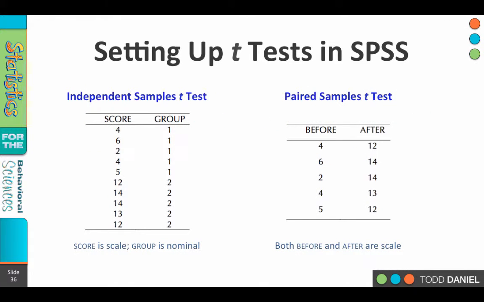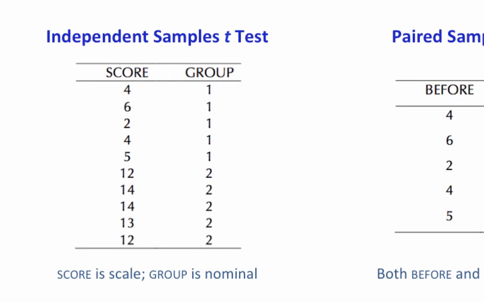If you're using an independent samples t-test, you should put all of the scores in a single column. Then you will create a second variable, typically called group or something like that, which will have 1s and 2s to separate the two groups. For the score variable, all of these will be scale level data.